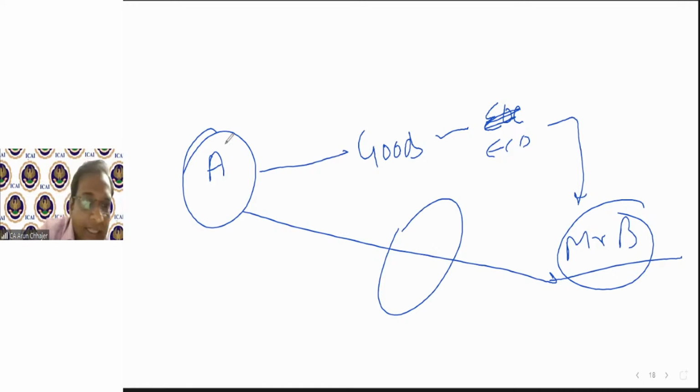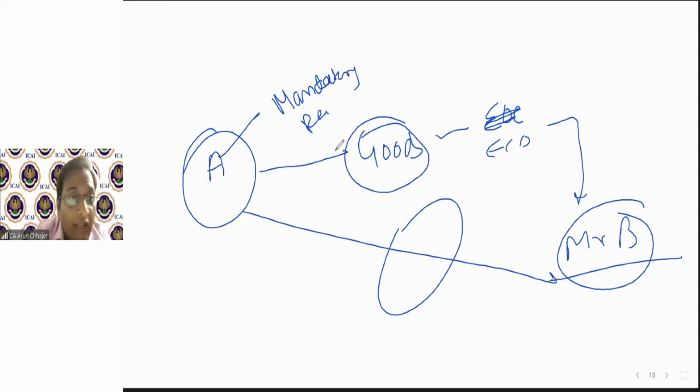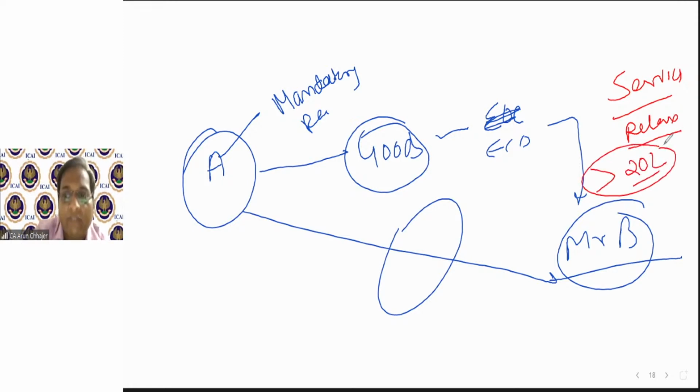Then A has to take mandatory registration. Why am I talking about the goods? Why not services? Because goods and services both are written in section 24. Because services have been relaxed from mandatory registration, that you need to take registration in services only when the turnover exceeds 10 or 20 lakh, as the case may be.